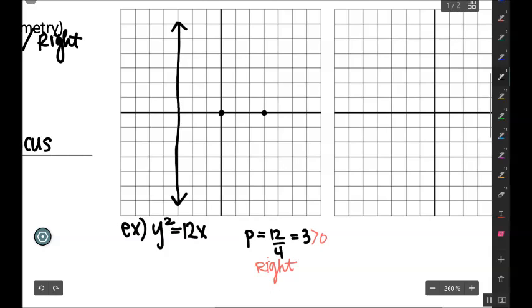Okay, so our directrix now is vertical. And we write a vertical line x equals, in this case, x equals -3. So this is our directrix. This is our focus. And our vertex.